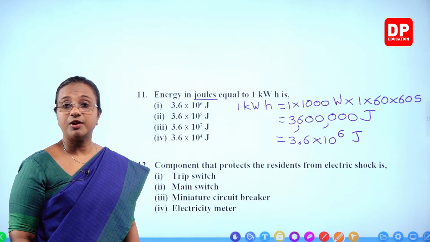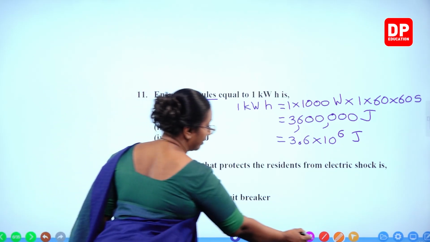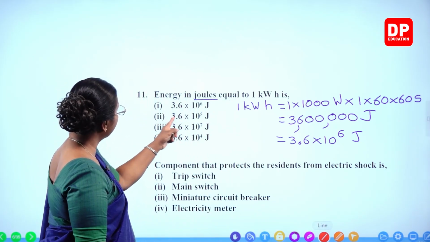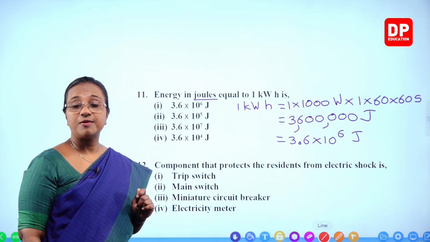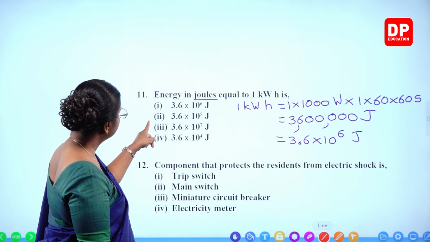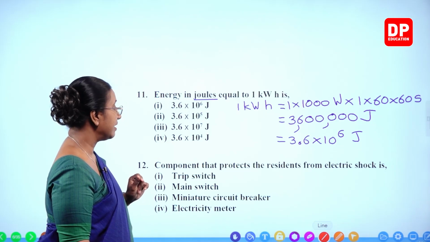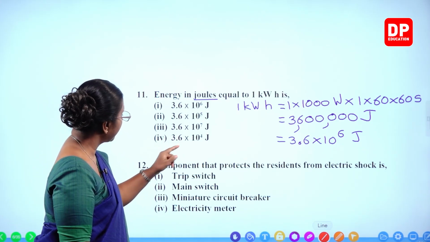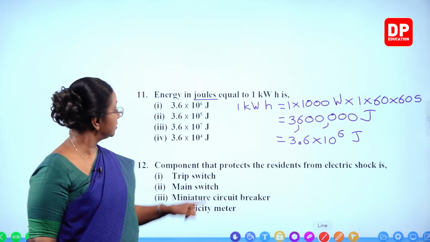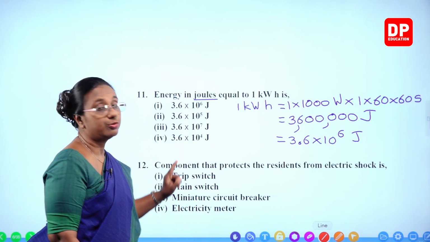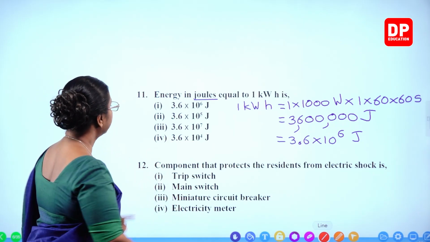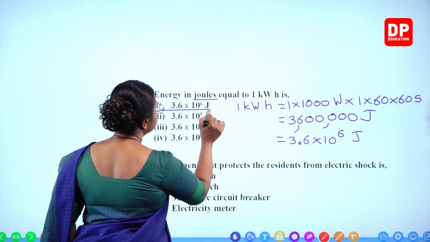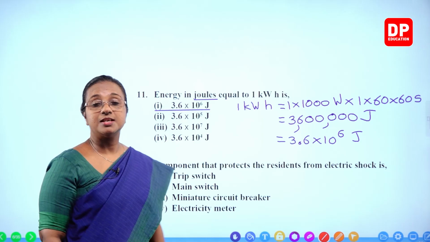So if we look at the answers, the first one, 3.6 into 10 to the power of 6 joules, that is correct. 3.6 into 10 to the power of 5 joules, 3.6 into 10 to the power of 7 joules, 3.6 into 10 to the power of 4 joules, all the 10 to the power values are incorrect. So the correct answer is 3.6 into 10 to the power of 6 joules.